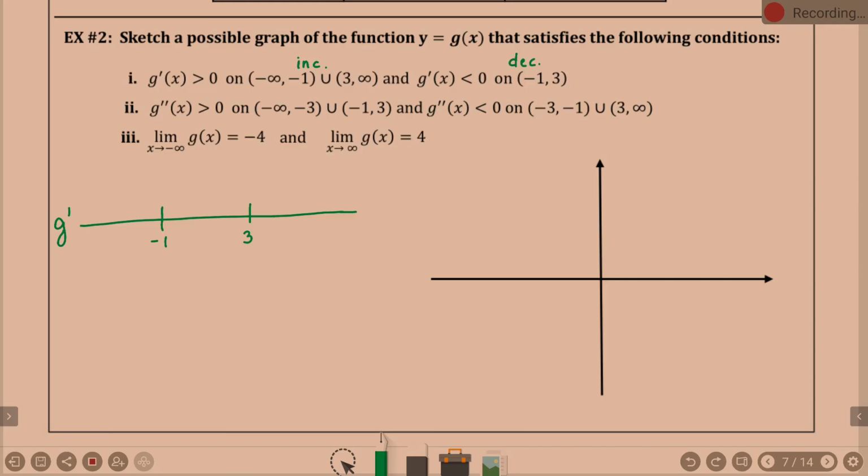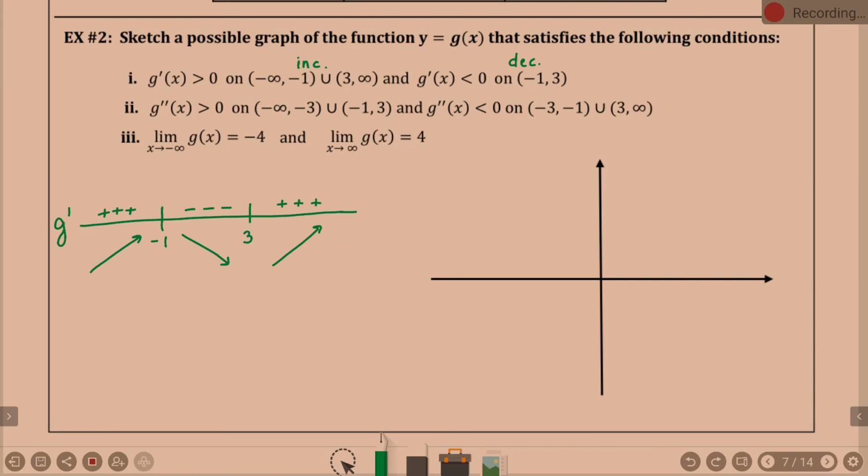We were told the first derivative is greater than 0, so positive, between -infinity and -1, and positive between 3 and infinity, which you just told me means increasing. We were told the first derivative is less than 0, so negative, between -1 and 3, and so then you already told me that that means decreasing.